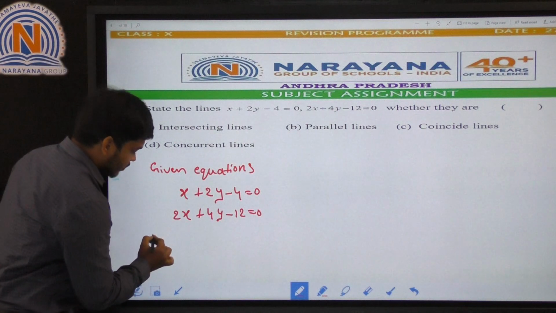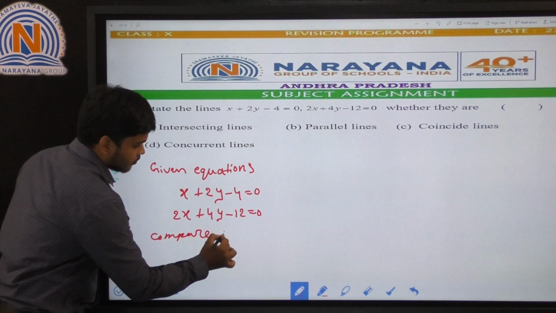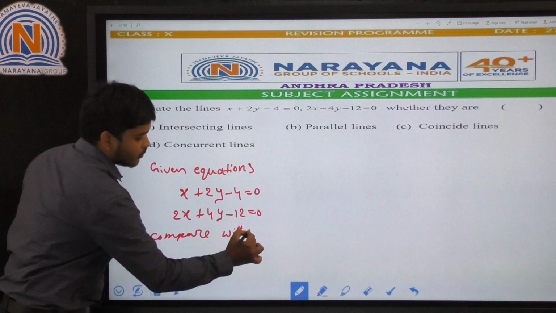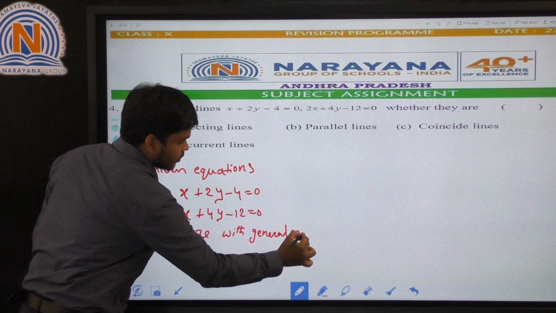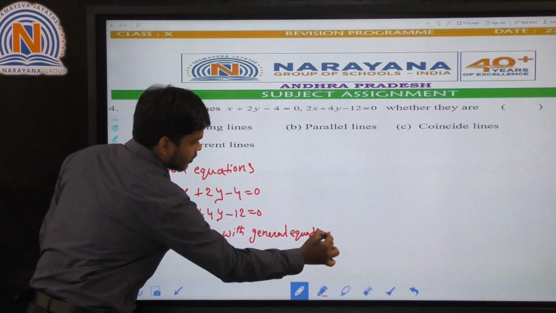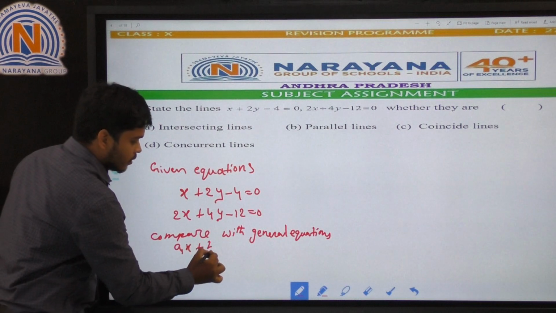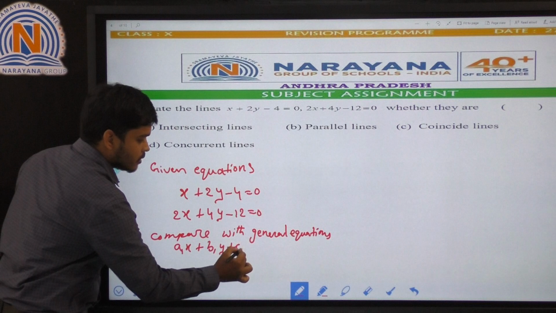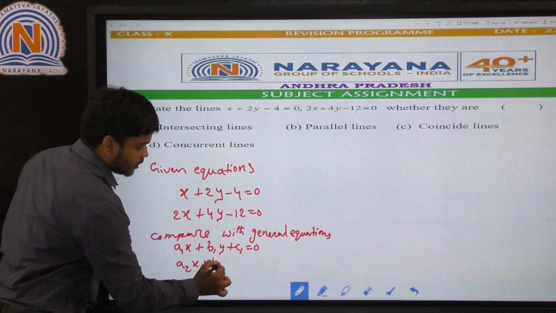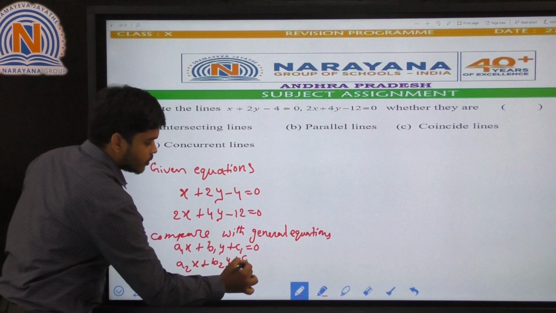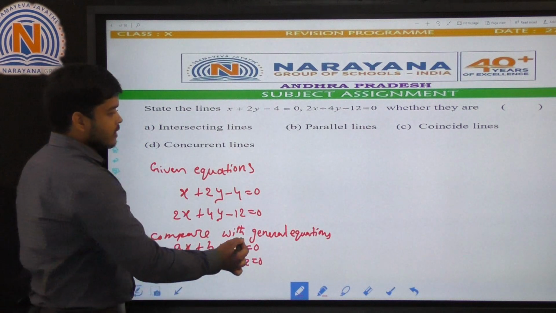Then compare with the general equations. What are the general equations? a1x + b1y + c1 = 0 and a2x + b2y + c2 = 0. Compare these two equations with these two general equations.